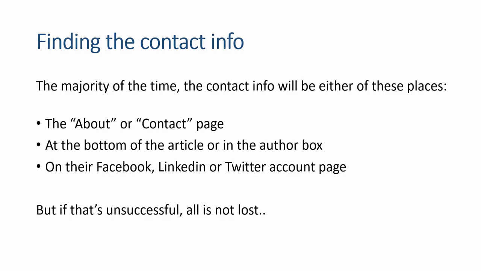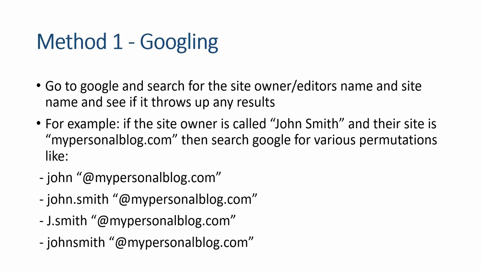But if that's not successful, then all is not lost. There are other methods you can use of finding the email address. The first one is simply searching Google. A good way of doing it is to search for the site owner or editor's name and site name to see if it throws up any results.